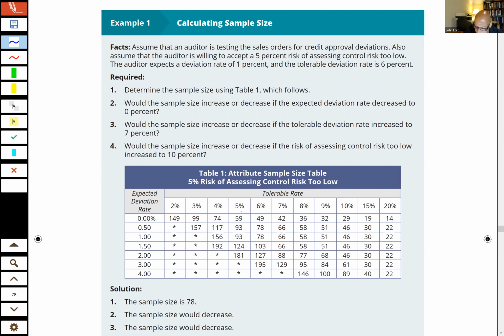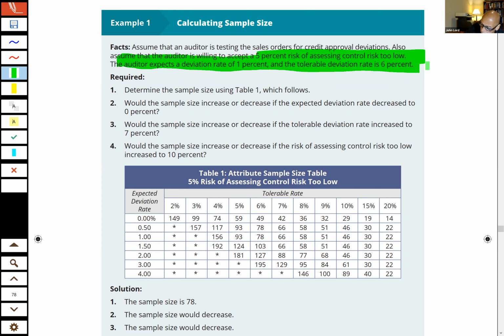So they tell us that assume we're testing those sales orders for credit approval, and we're willing to accept a 5% risk of assessing control risk too low. And we have an expected deviation rate of 1%, tolerable deviation rate of 6%, and they want us to determine the sample size from the table that follows.